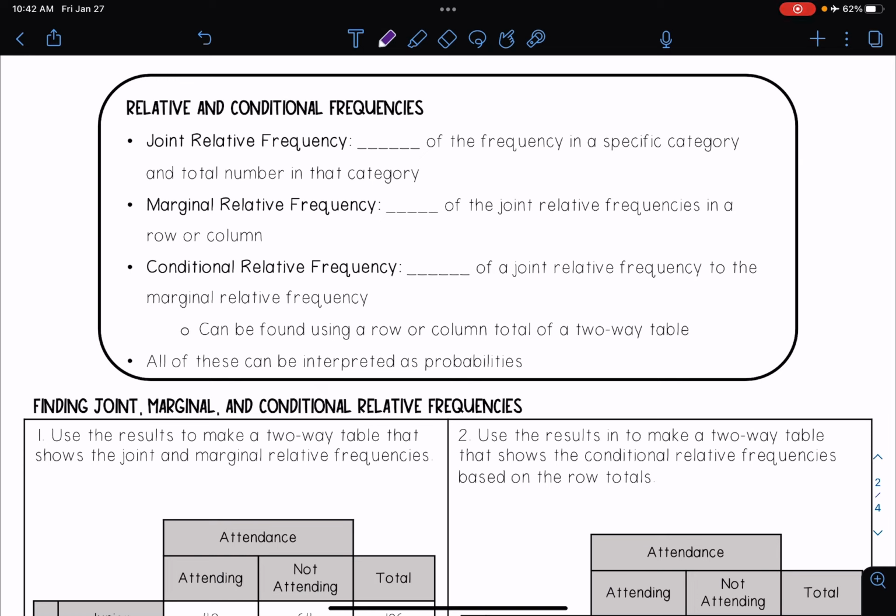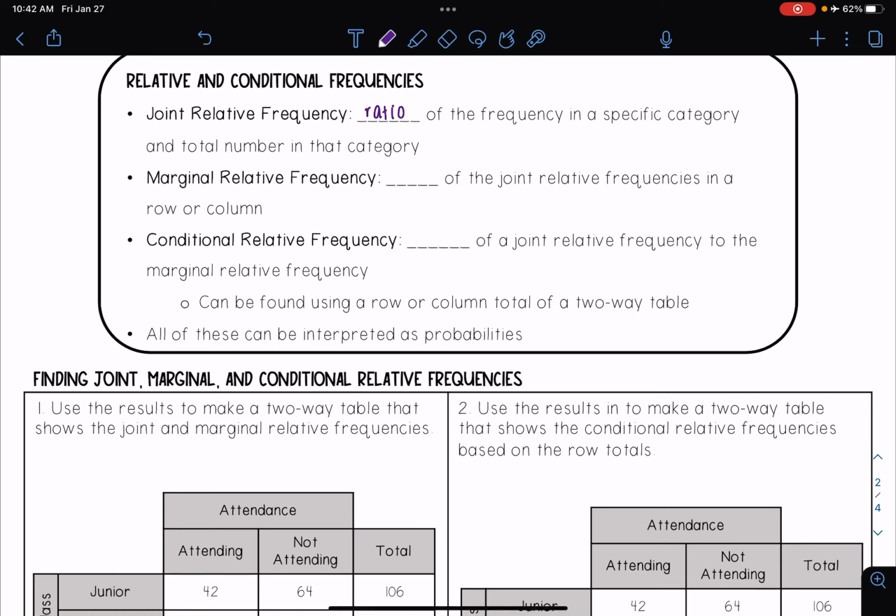The first is the joint relative frequency, and that is the ratio of the frequency in a specific category and total number in that category. And then there is the marginal frequency, and that is the sum of the joint relative frequency in a row or column.